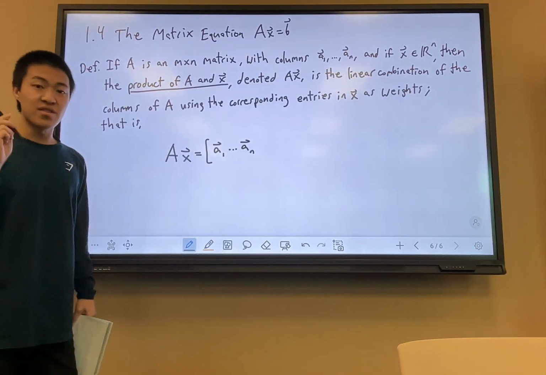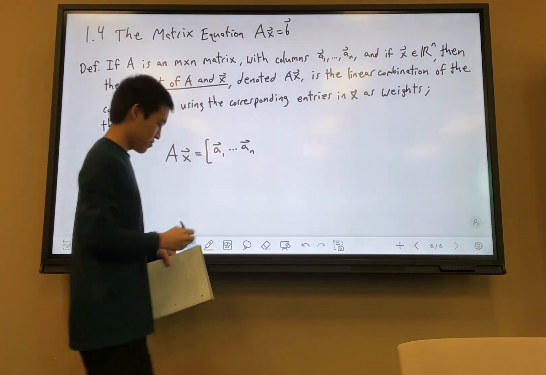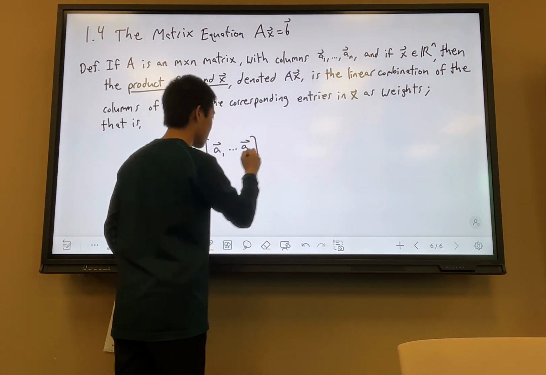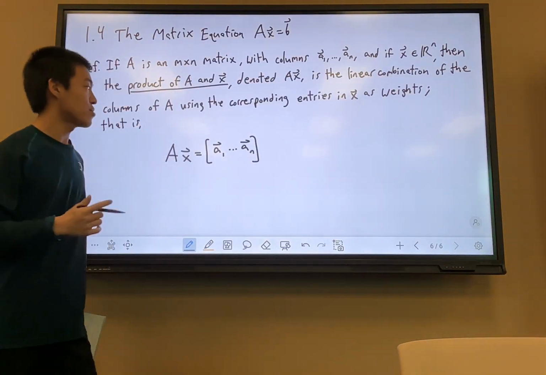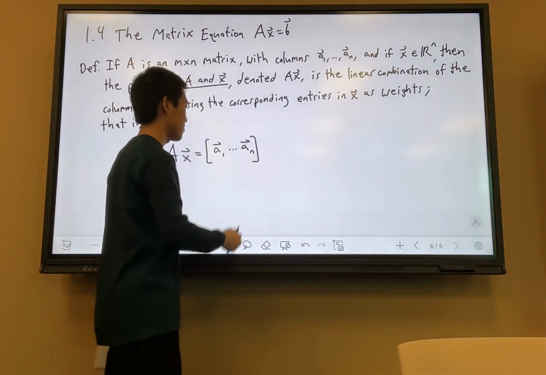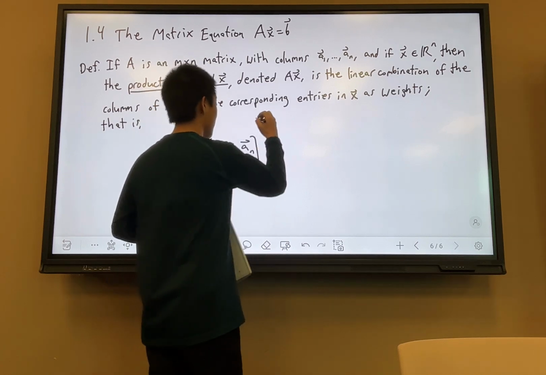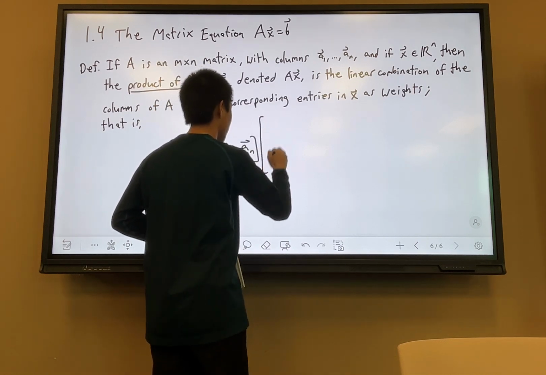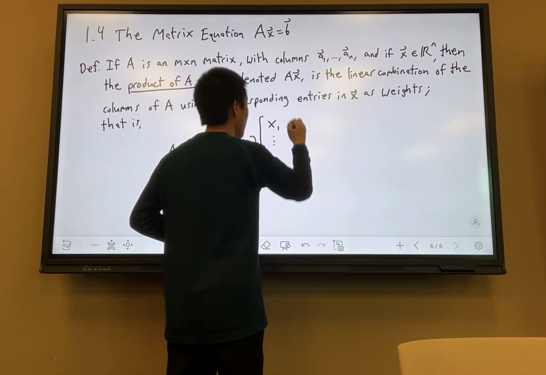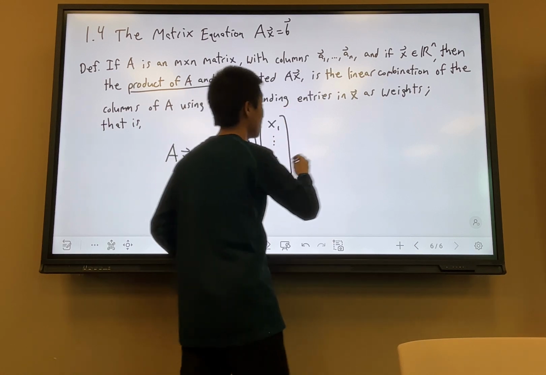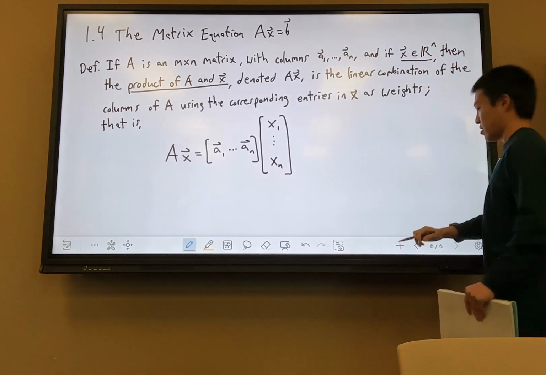Notice that this is not an augmented matrix because I only want the columns. So we would think of this as more of a coefficient matrix. So know the difference. There's no augment. And then we're multiplying this by the vector x1 down to xn, because that's how many entries it has. How do I know that? Well, because it says it right there.